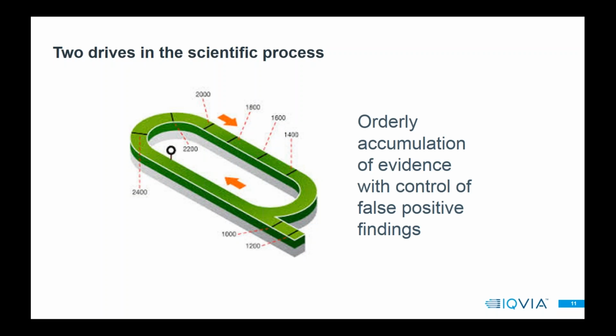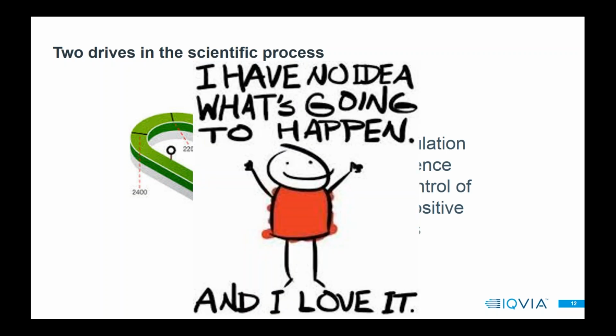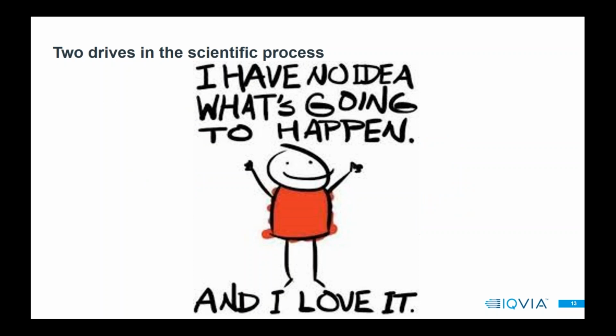I probably incline towards this drive more myself, but just as valuable, I think, is the more imaginative and creative drive in science, where you just try out things, you are open to new ideas, and you're not so worried about proving anything, at least in the first instance.